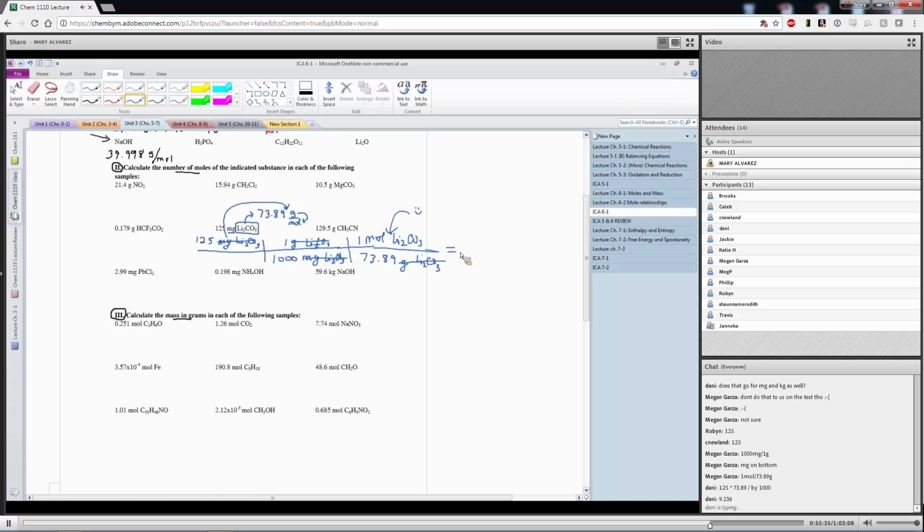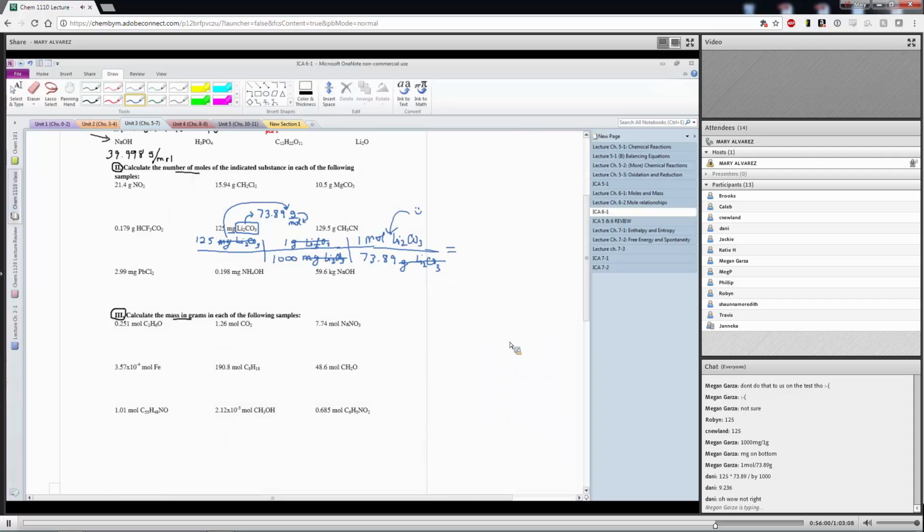So 125. Wait, Danny. We ended up putting 73.89 on the bottom, right, to cancel out my grams? Yeah. You had all of the right numbers. You just have to make sure that what's on the top should be on the top, what's on the bottom should be on the bottom. Because we had to put grams on the bottom to end up with moles on the top.